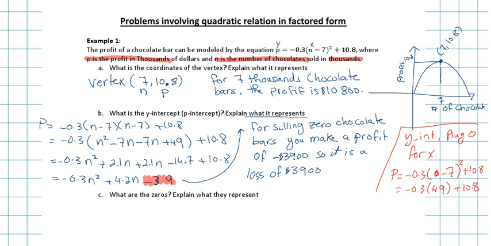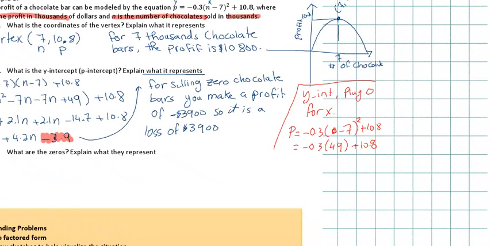So 0 minus 7 is negative 7. Negative 7 squared is 49. If I do this, I should be getting negative 14.7 plus 10.8. And my answer is negative 3.9.